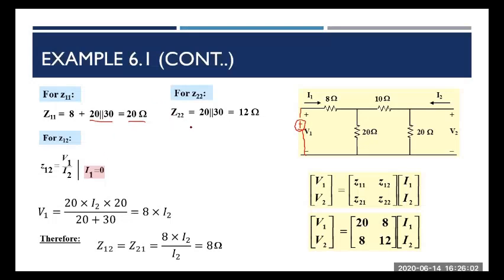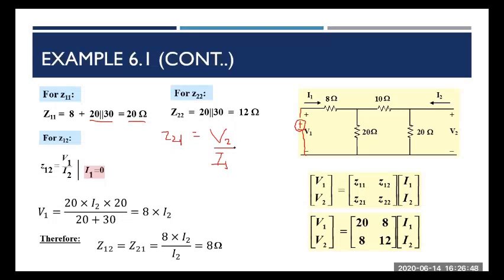And Z22 for this part will be, okay, so you have Z11 and Z21. Sorry, for Z21. Z21 is actually solved using V2 divided by I1. Your V1 just now should be equal to 20 I1.